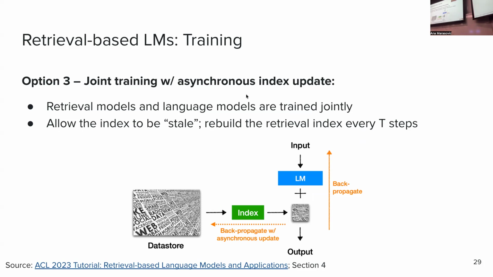So you decide that at some point the index, meaning our data structure where we store the data store vectors, is now too stale, and you simply decide to wait a long time with whatever compute you have to update these representations. So update the retriever weights and reproduce new vectors for every single document in a data store.